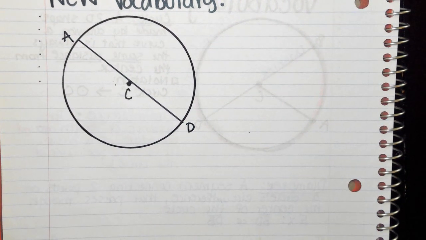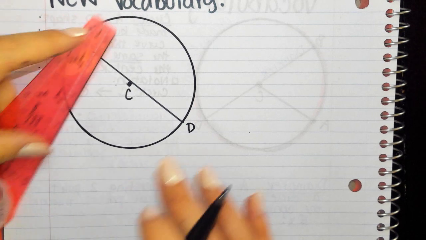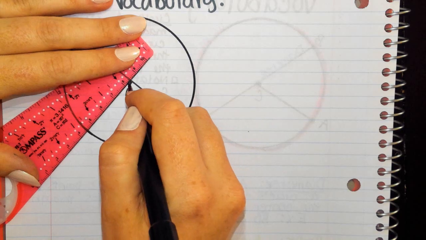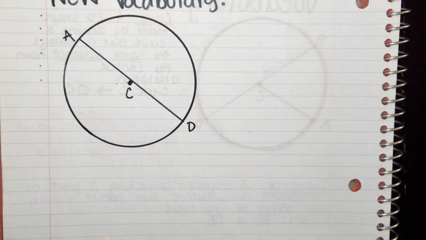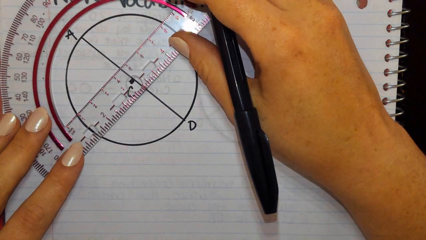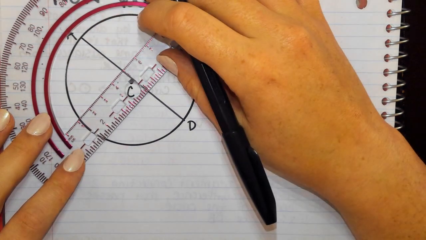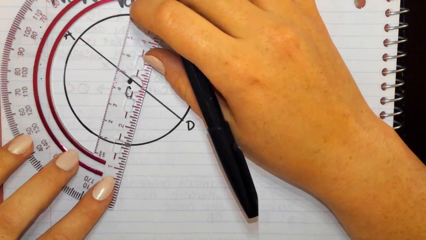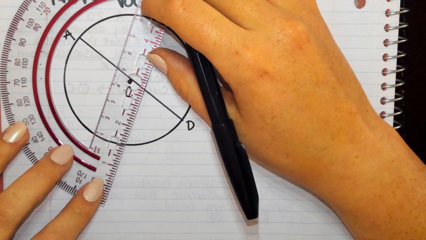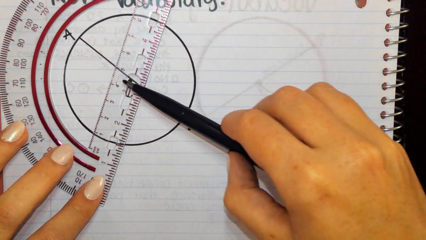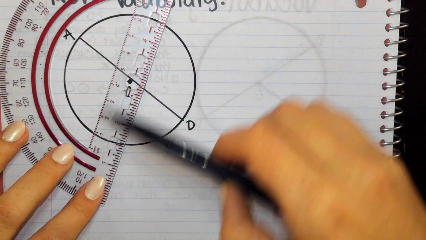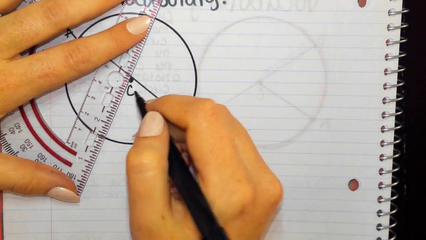And I want to create a, let's see, I don't want to eyeball it, never mind. I want to make this about 110 degrees. Okay, you don't have to be this exact, I just want to make it look nice.